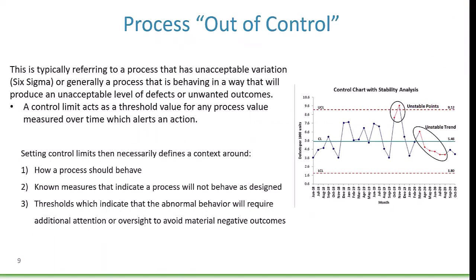So what does it mean to be out of control? Well, in the traditional Six Sigma sense, out of control is really referring to values that are starting to show unacceptable levels of variation. In Six Sigma, variation equates to waste in processes. So when you have a standard process, and especially back when it was more manufacturing, and I'll talk about how this applies to digital services in just a moment.